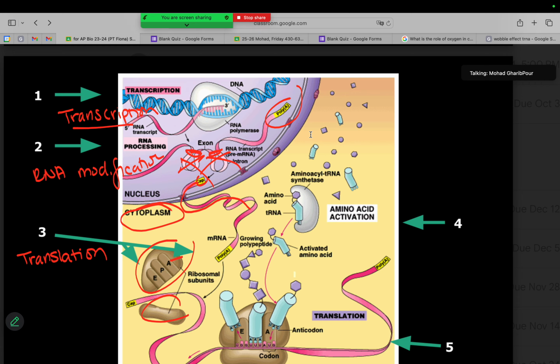Well, I guess this is part of translation. And then sticking all these amino acids to the tRNA. There are aminoacyl tRNA synthetases that are specific to each tRNA and amino acid. So we have 20 or 21 of them.